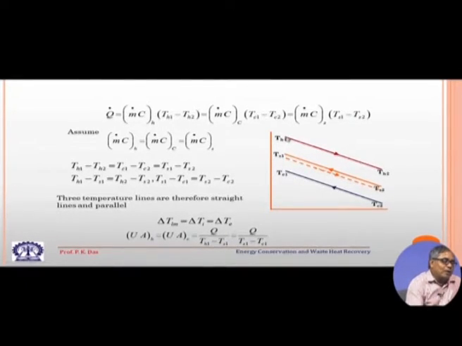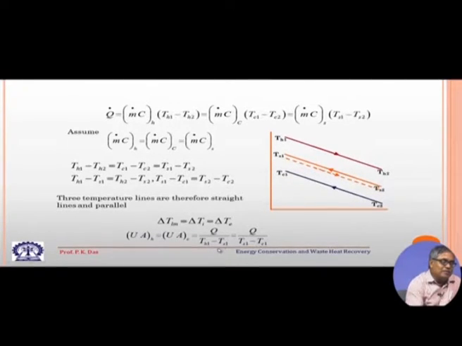So, what one can get, the difference between these two ends, is TH1 minus TS1. For a particular heat exchanger, we will be interested in this difference, TH1 minus TS1 or TS1 minus TC1.